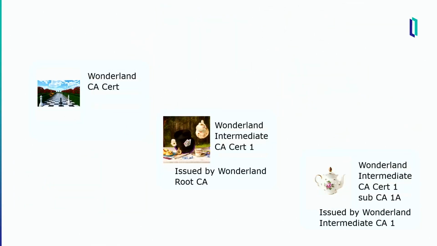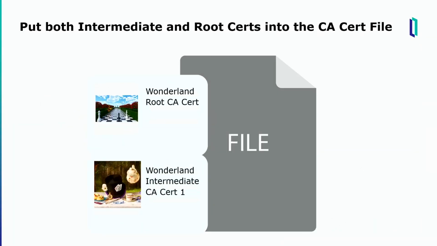It is theoretically possible for there to be several levels of intermediate certificate, kind of like a turtles all the way down situation, but usually there will only be one. But I have seen a couple cases where there were two. And the takeaway for you is, well, what does this mean for configuring certificates? It means you need to have an intermediate CA certificate as well as the root CA certificate.